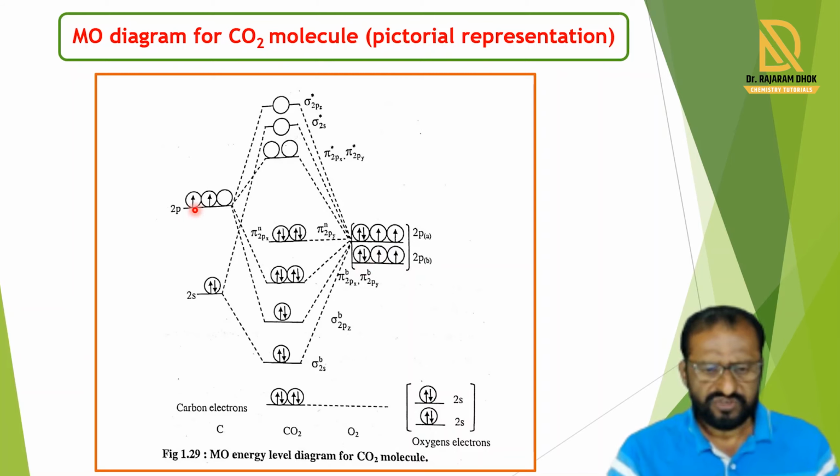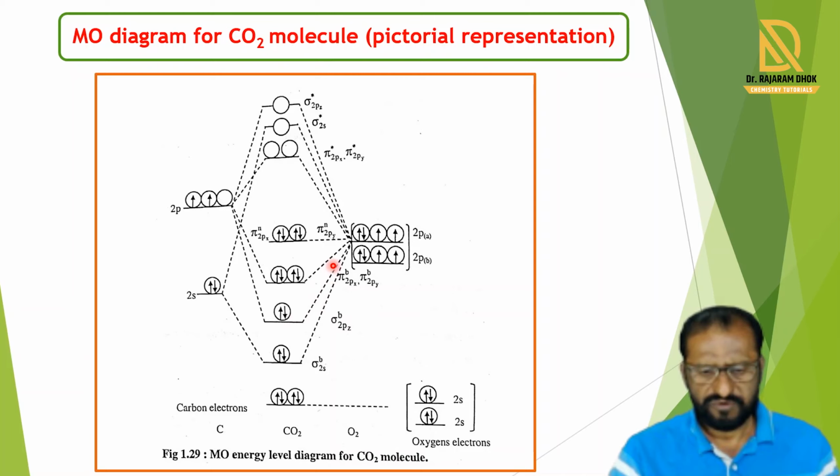Now we see the 2p atomic orbital of carbon and here the 2p atomic orbital of oxygen. You see here this distance and this distance. So this sigma molecular orbital is formed by combination of 2p atomic orbital of carbon and 2p atomic orbital of oxygen.